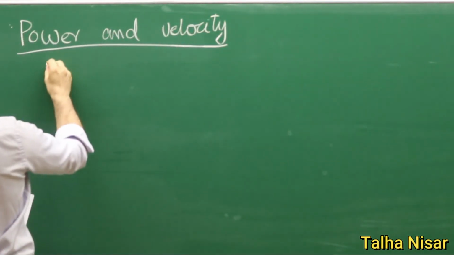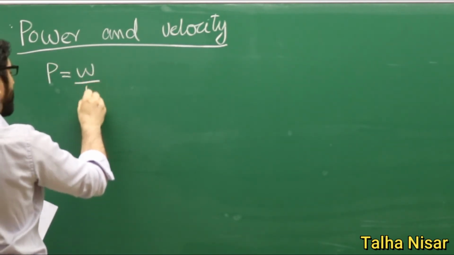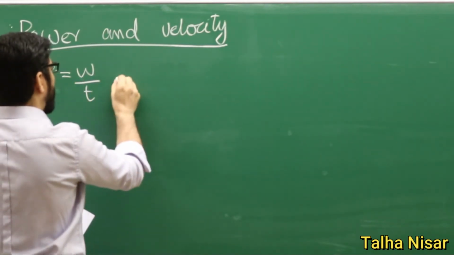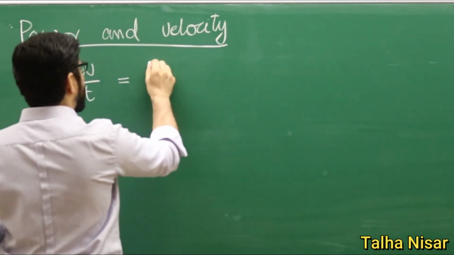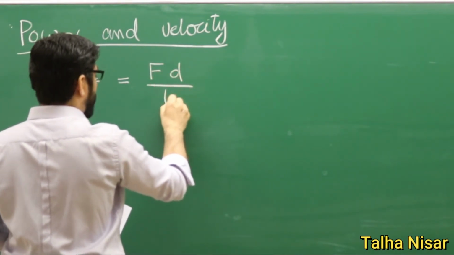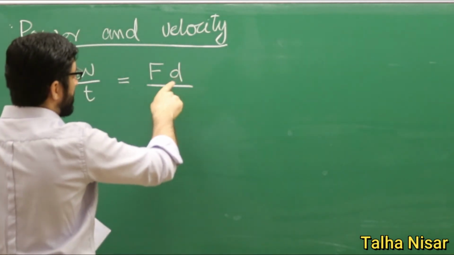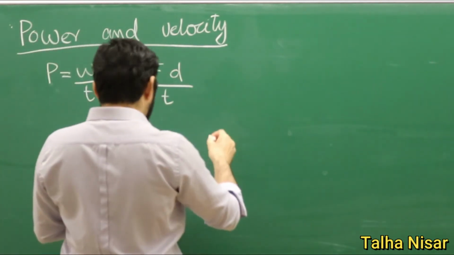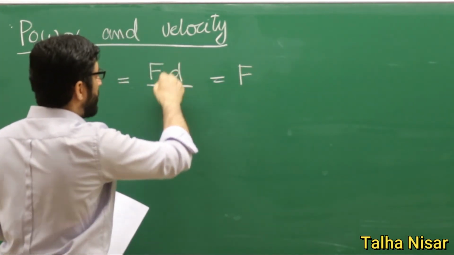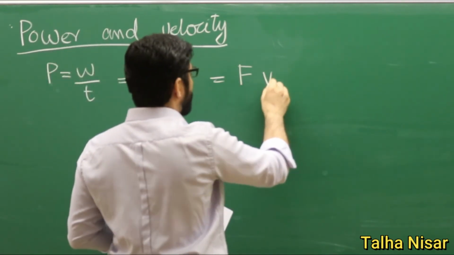The power, we just discussed, is the work done per unit time. And we know that the work done can also be written as the force multiplied by displacement. So what we see here is the force multiplied by the displacement per unit time, and for the displacement per unit time we can write velocity.